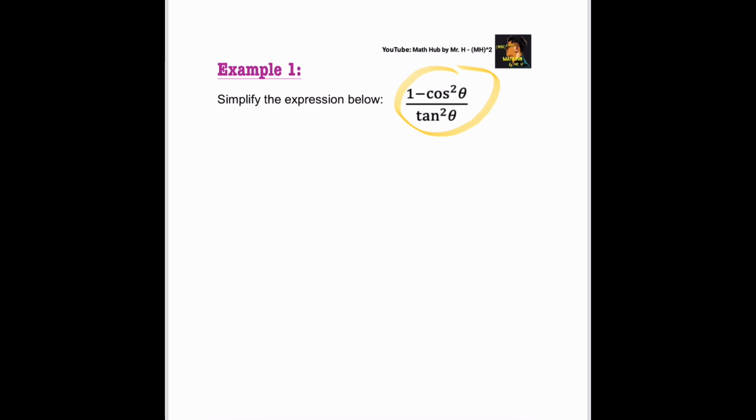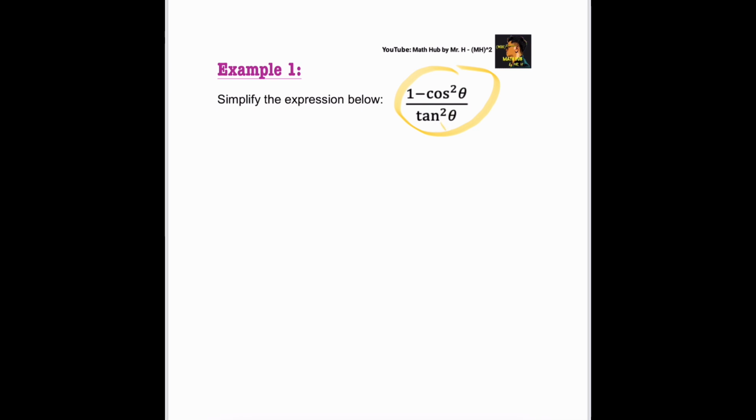So if there are patterns that are recognizable in the given expression, like for example, an expression can be factorized, or if there's something that you can expand, or finding common denominators, or you can also apply different algebraic techniques to manipulate the expression. You can always do that.